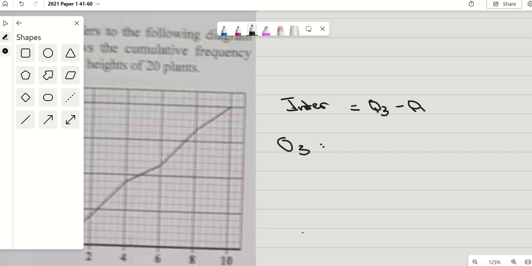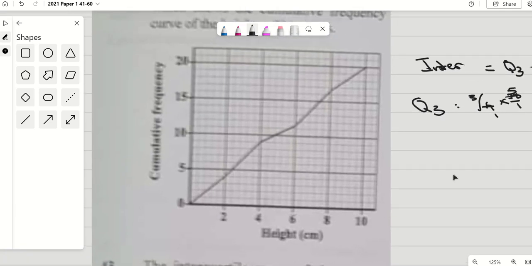So that's 3/4 multiplied by 20 over 1. 4 into 4, 1. 4 into 20, 5. So this is 15. Right, and then you're going to use your graph where your cumulative frequency is 15.